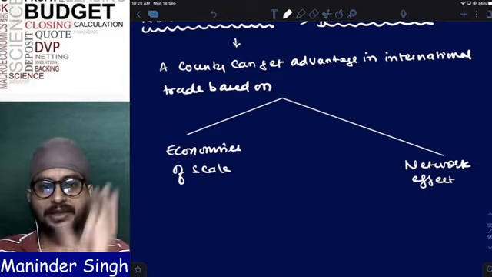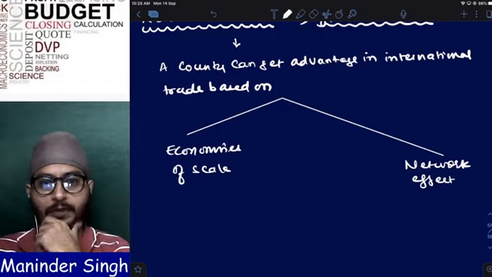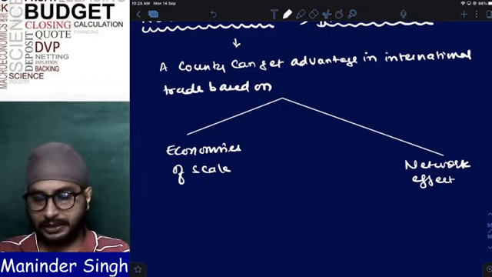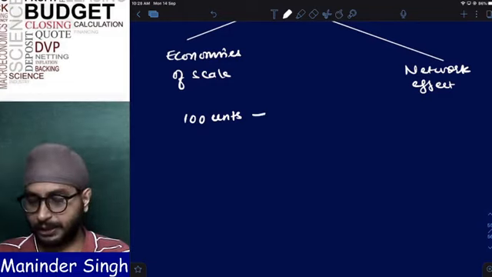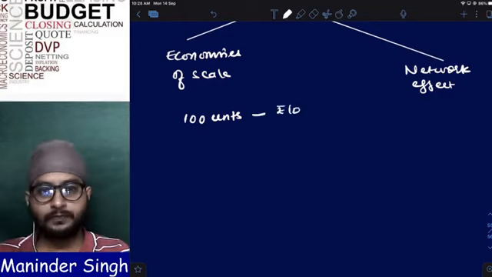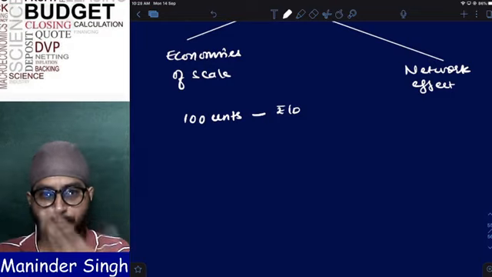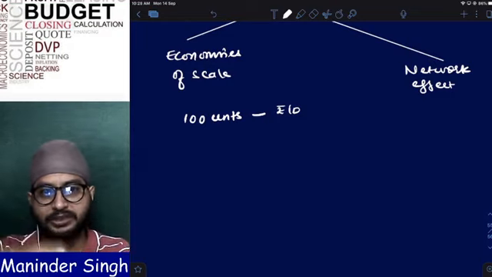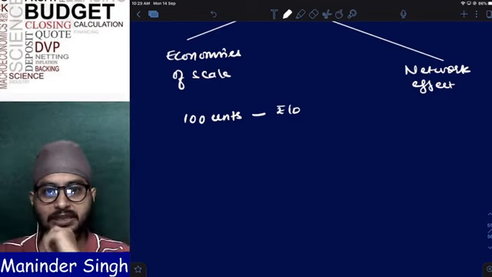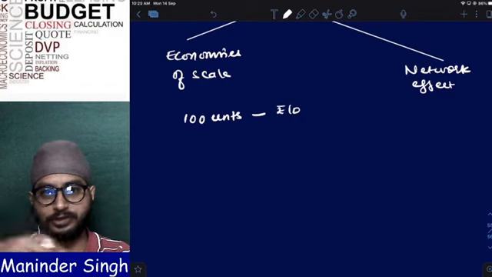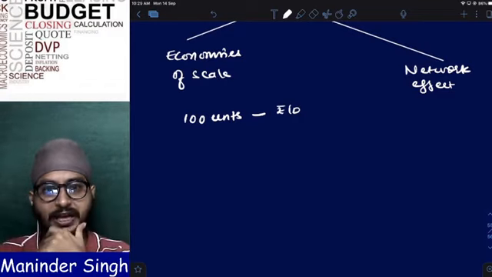What do we mean by economies of scale? Let us say, for example, in India 100 units are required to be produced only for India at a cost of rupees 10. Now, if I'm good at that product and can export it, will I produce only the units required in India or additional units? Additional units.